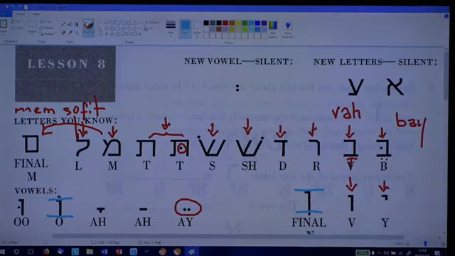That makes an O sound. If the dot is in the middle like that, it's an oo sound, like zoo. So this would be go, this would be zoo. That was easy?